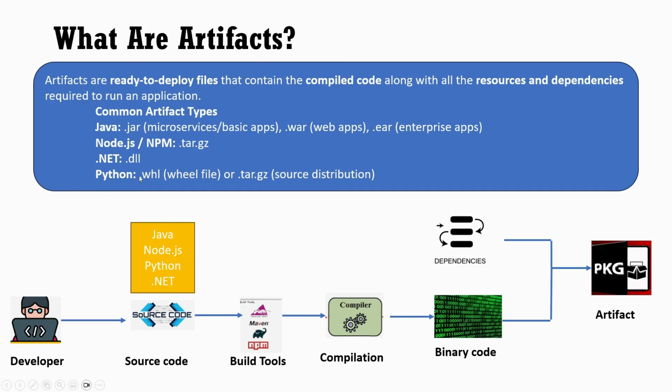For Python, those can be .whl wheel files or .tar.gz source distribution. And there can be others like Docker images and .zip or .tgz packaged builds. No matter the format, remember an artifact is a compiled, ready to deploy version of your application.